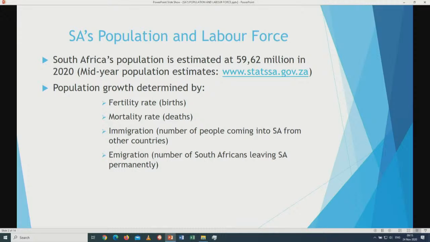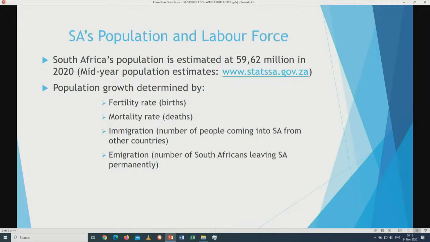For us to move from 48 million, because I think in 2017, South Africa's population was estimated at 48 million, but now, this year, in this particular quarter, 2020, the last quarter, South Africa's population is estimated to be 59.62 million.